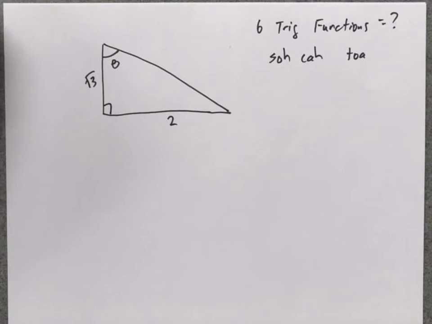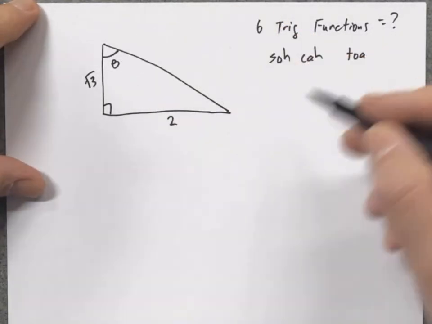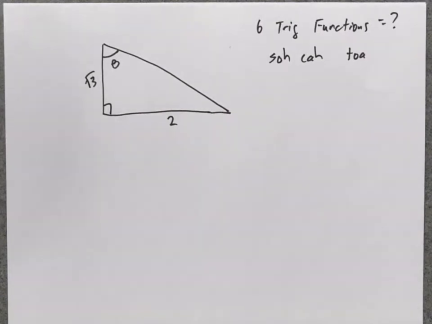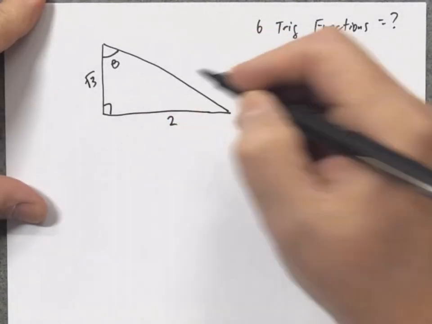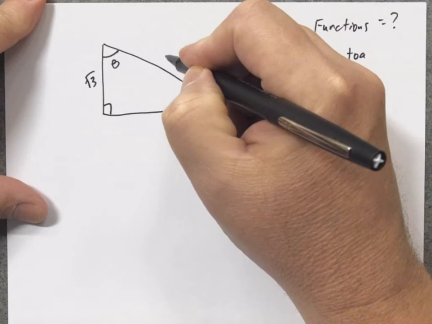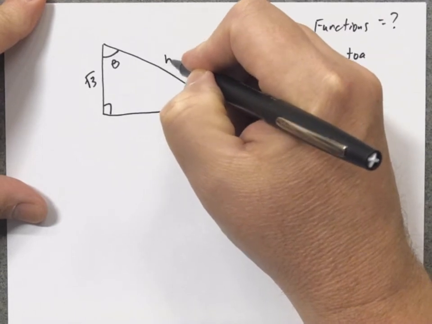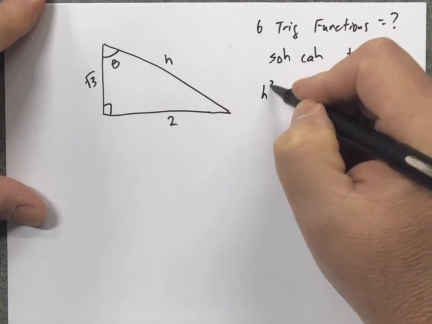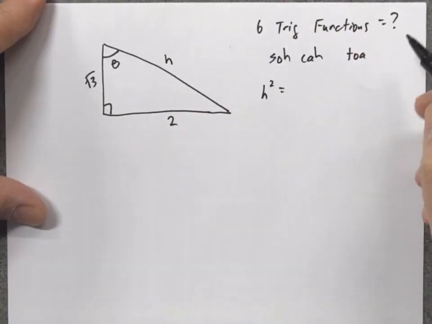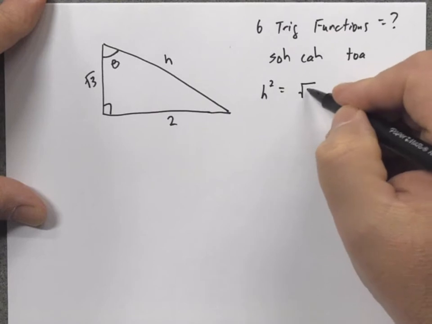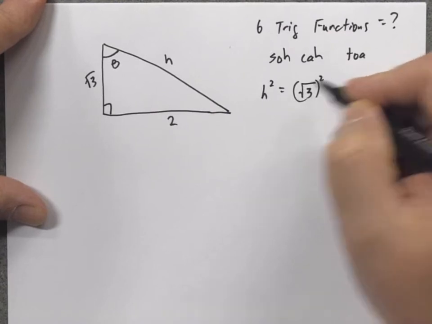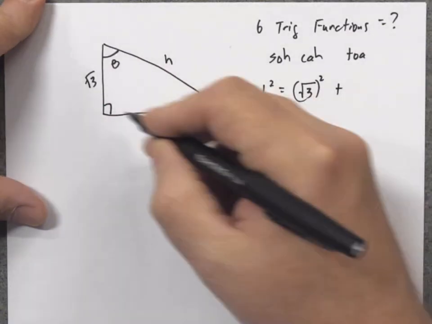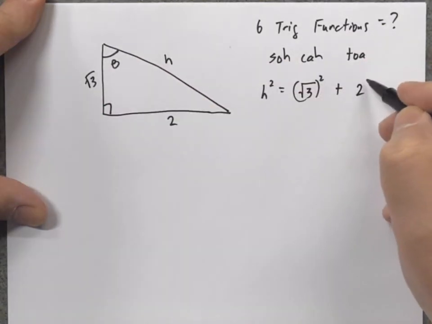So here we go. First thing you have to do, in order to apply the trig functions, is know the lengths of all three sides of your triangle. This is the hypotenuse. A lot of times I would just call it H for hypotenuse. The Pythagorean formula says if you square the length of the hypotenuse, it has to equal you take this leg and you square it, and you add it to the other side squared.